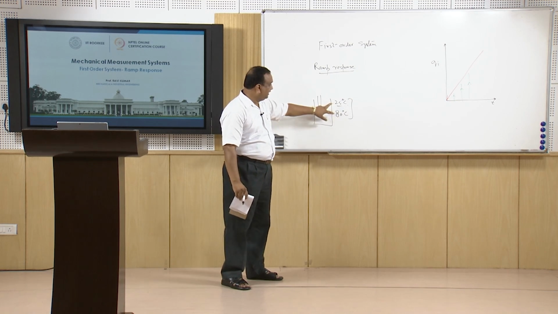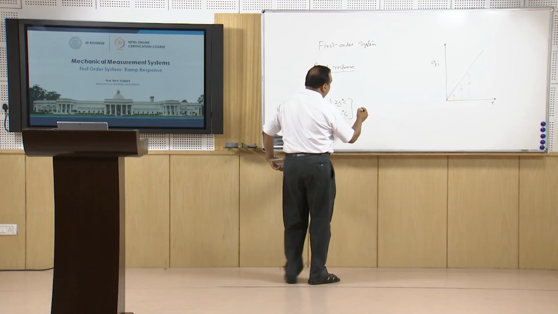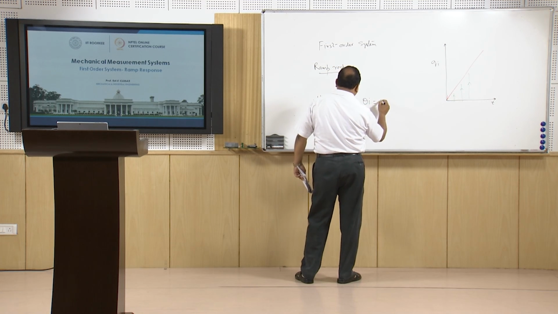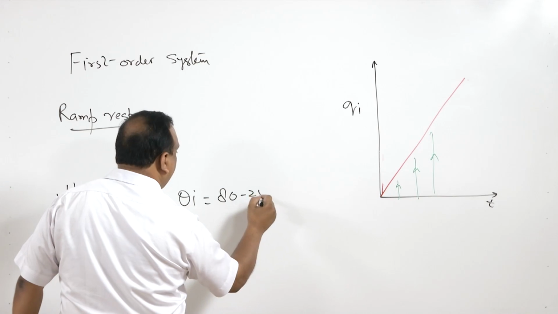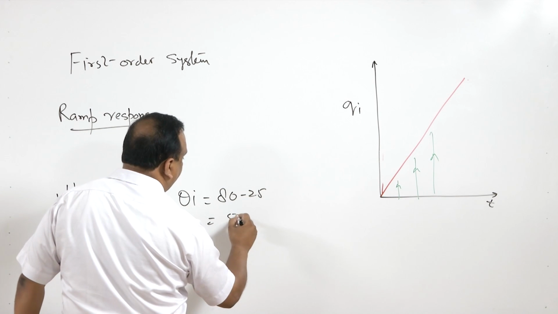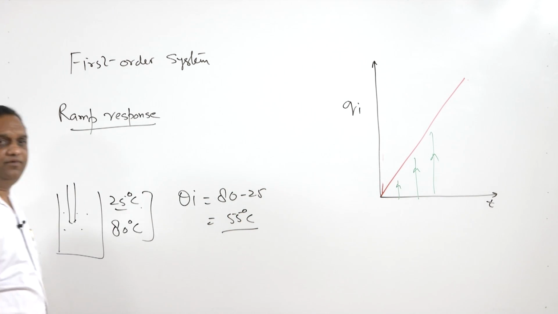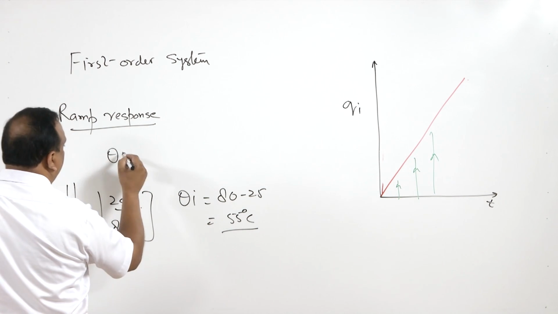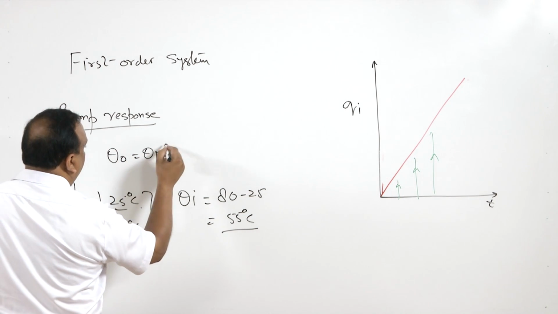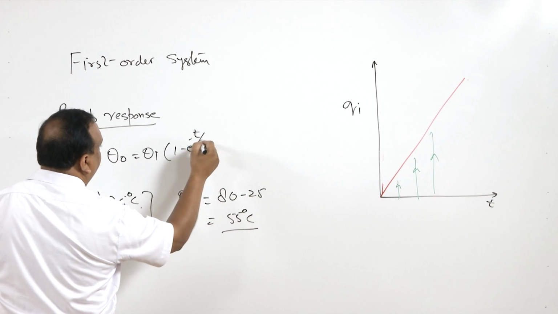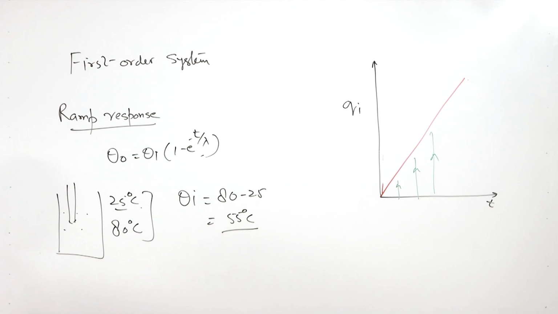That is a step, and here the step input is going to be theta i, 80 minus 25, that is 55 degrees centigrade. Then we study the step response of the system using the formula theta o is equal to theta i times 1 minus e raised to power minus t by lambda for a step input.